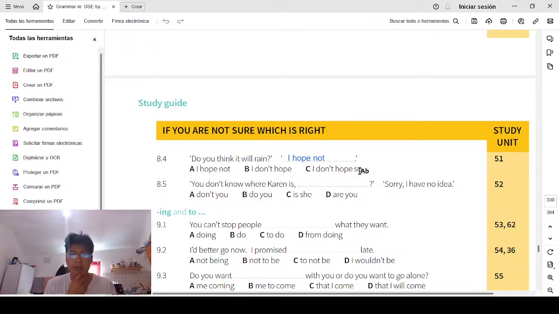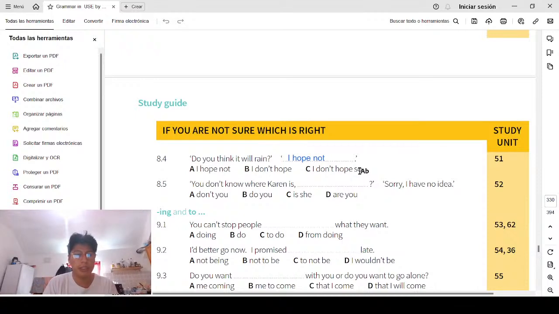But this is when you speak in a positive way, okay? But when you want to talk in a negative way, you have to say I hope not, or I guess not, or I'm afraid not, okay? Basically, it's like you're expecting something, but in a negative way.